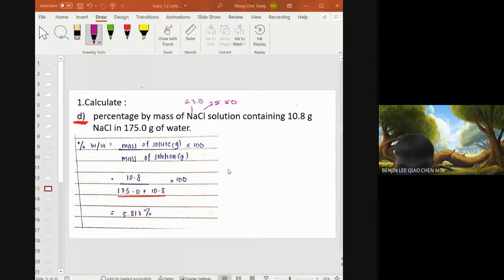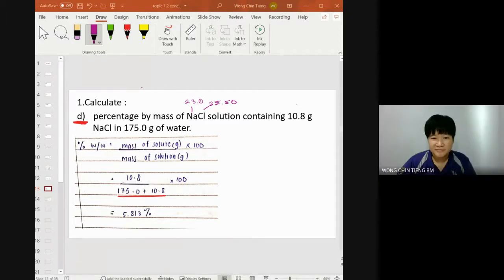I agree, yeah. Okay. Lorena? Mole fraction of water?